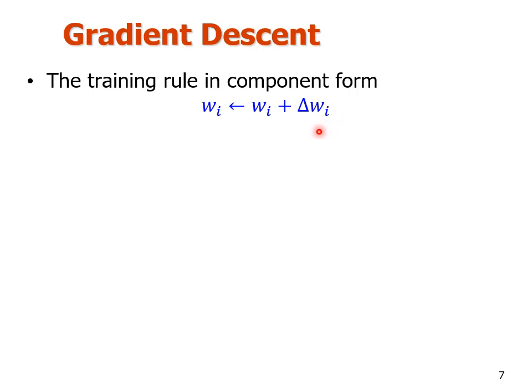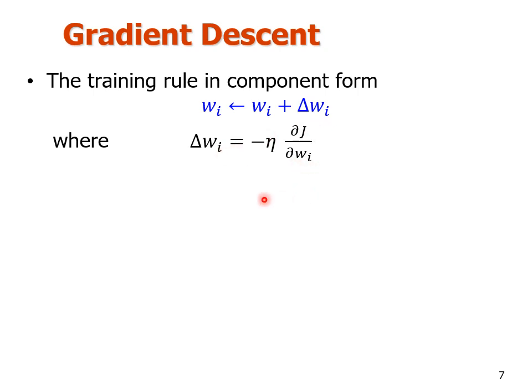Here we are updating individual weight wi with a small change in the respective weight factor. And here delta wi is represented as minus eta times the partial derivative of j with respect to weight wi. Thus each component of vector w needs to be updated by this update rule.